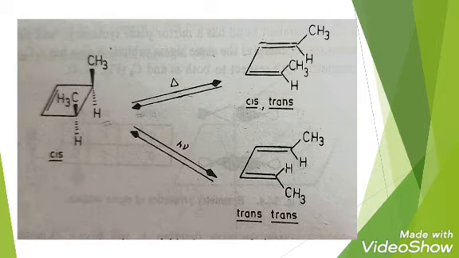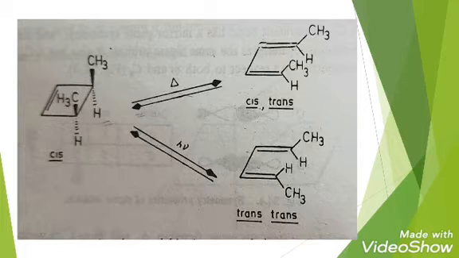Observe this reaction. In this reaction, the cis dimethyl cyclobutene is converted into an open chain diene.